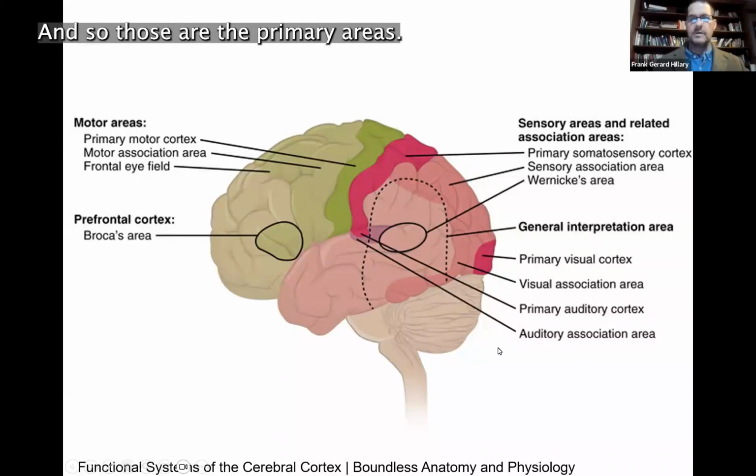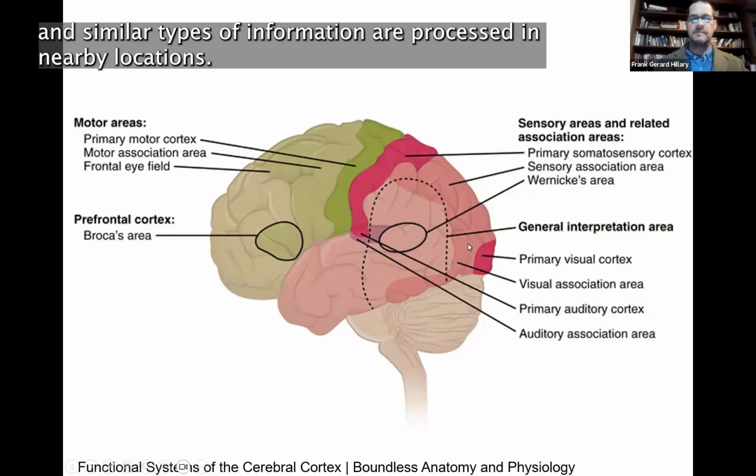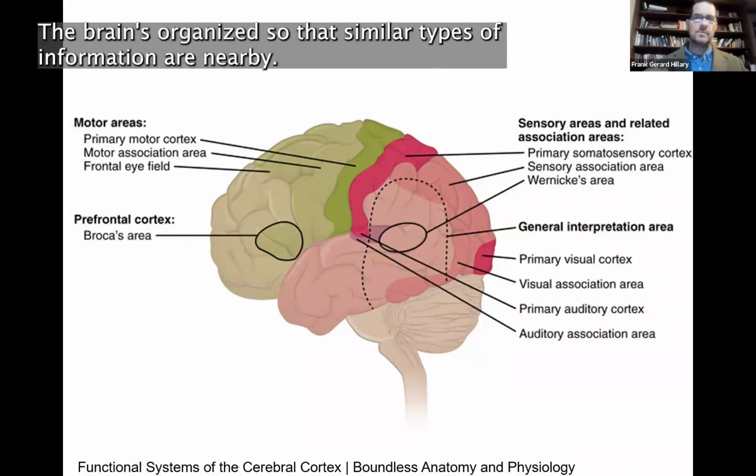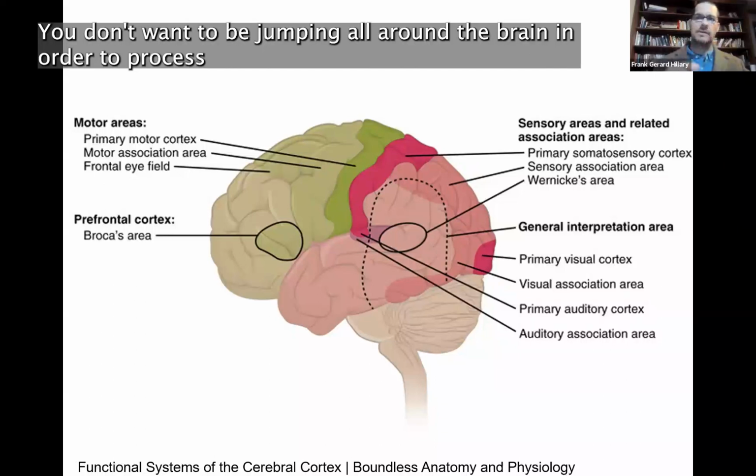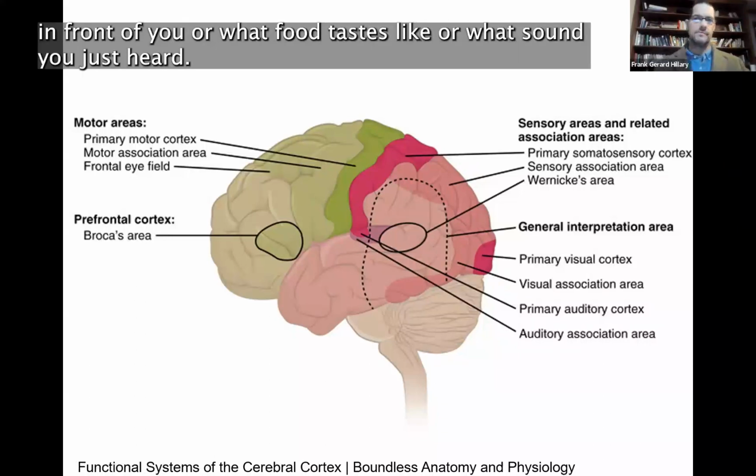Those are the primary areas. What you'll find is the association cortex fills in all around these areas, and similar types of information are processed in nearby locations. The brain's organized so that similar types of information are nearby. You don't want to be jumping all around the brain to process what is in front of you, or what food tastes like, or what sound you just heard.